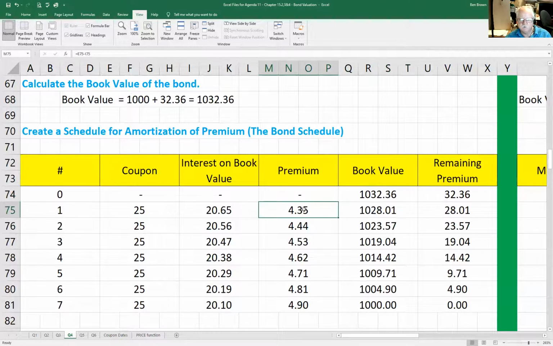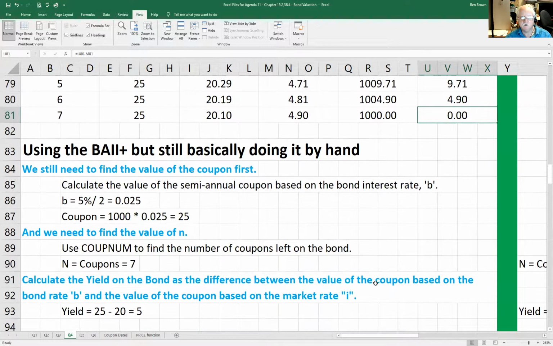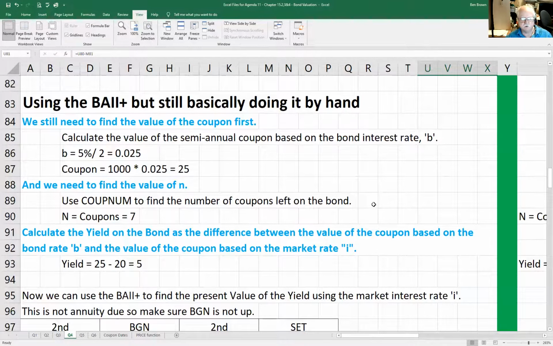and the premium as this gets closer and closer to the final date, and the remaining premium, which ends up being absolutely nothing. So we could do this whole calculation on the BA2 plus.